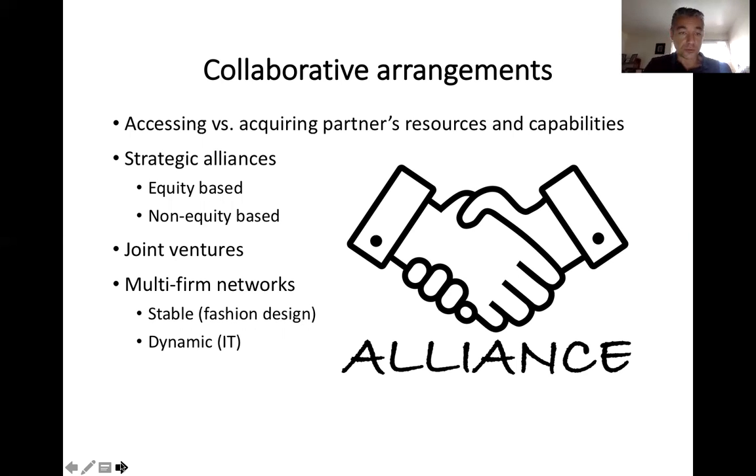You may also try to create a joint venture with one or more partners. In this case, an independent company is set up that is jointly owned by the partners to the joint venture. Right, so in this case, the incentives are explicitly aligned.